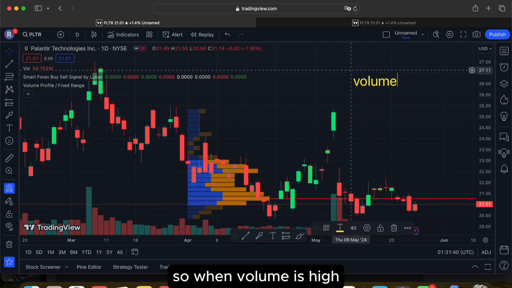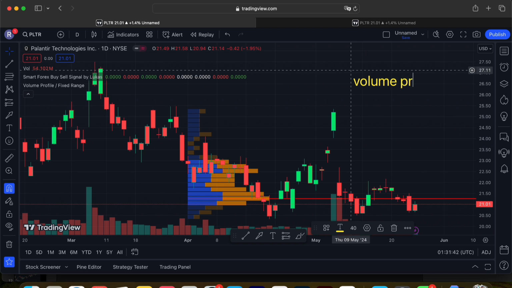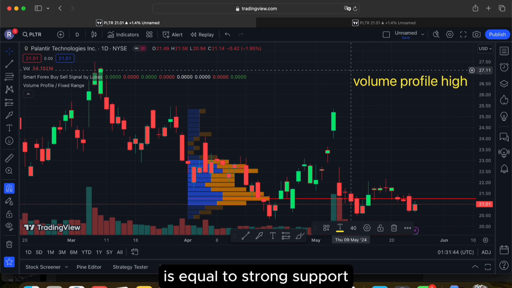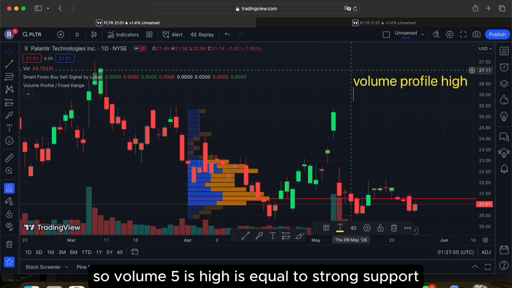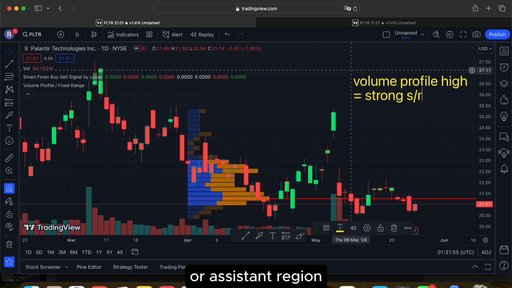When volume is high, it is equal to strong support. A high volume profile is equal to a strong support or resistance region.